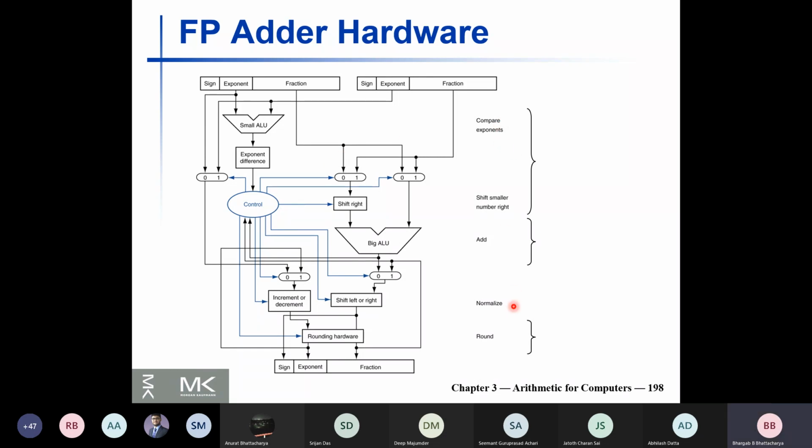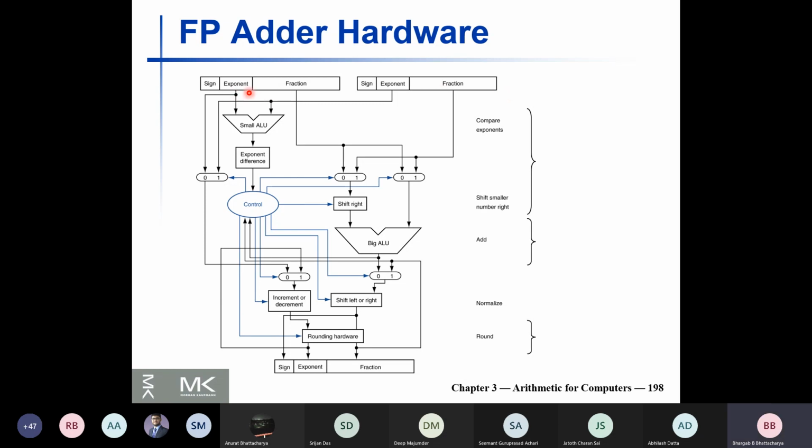This portion is the comparison of exponents, and this is the equalization of exponents. Then the addition process. This is the normalization process. This is the rounding process, and there are loops here. And finally, you get the output in floating point format again.